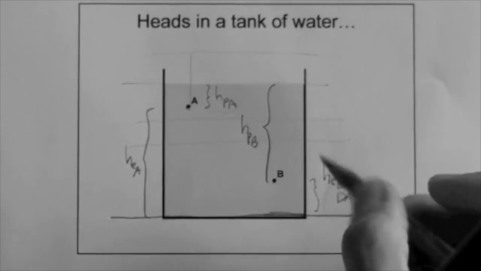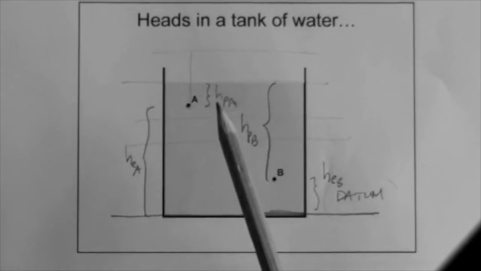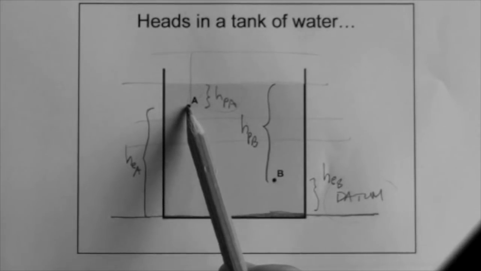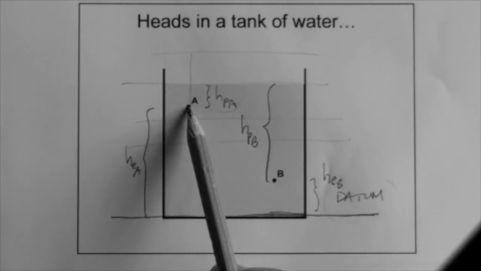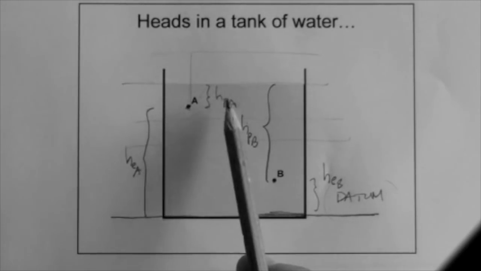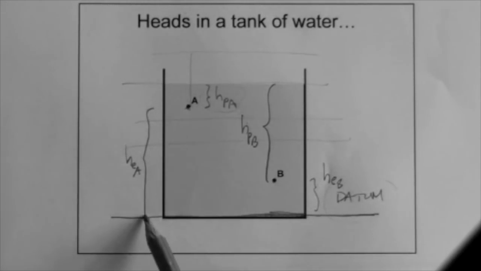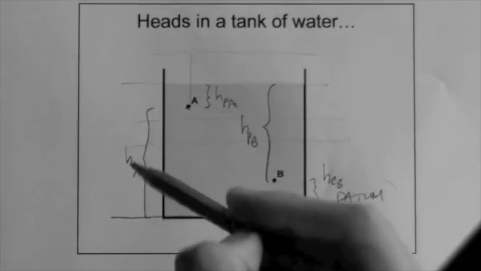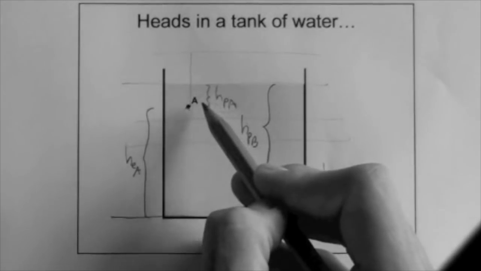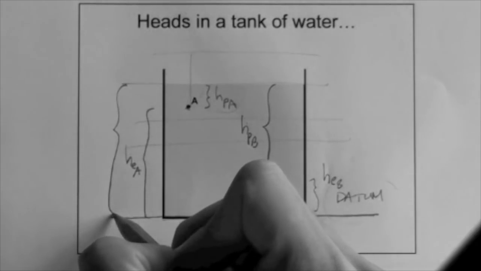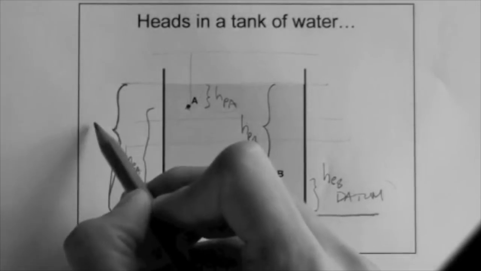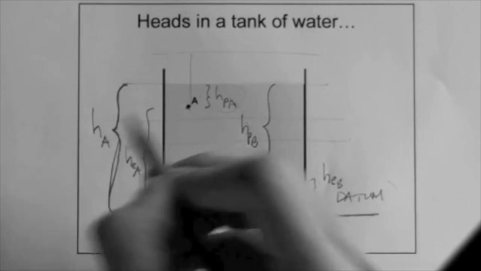Okay? Now, what is the total head at point A? Total head is the sum of all heads at point A. Well, the total head at point A is 0, that's velocity head, plus that distance, that's the pressure head, plus this distance, that's the elevation head. This distance plus this distance is this distance.